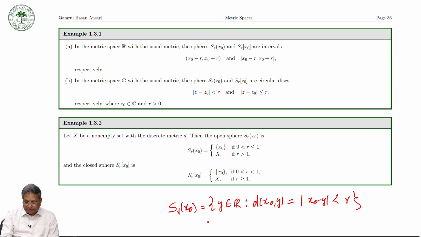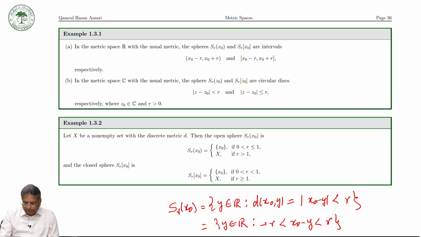This is the same as all the points y in R such that, this means that, -r is less than x0 - y, which is less than r.